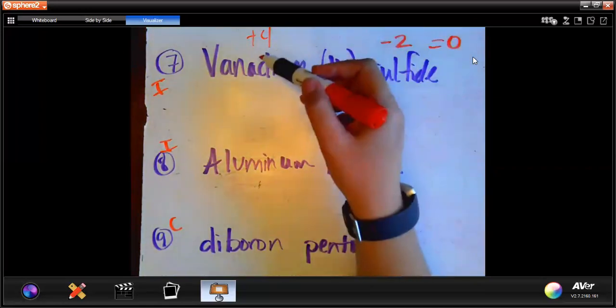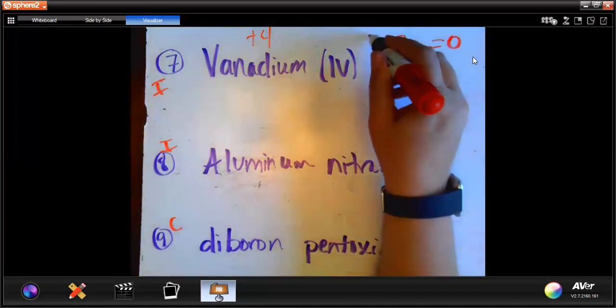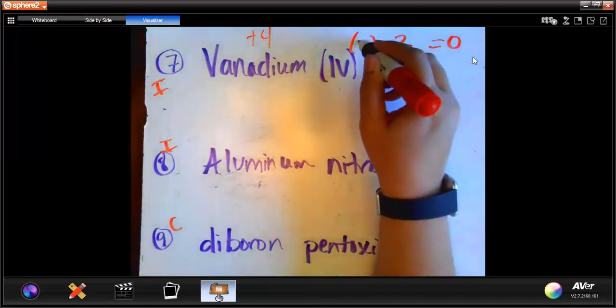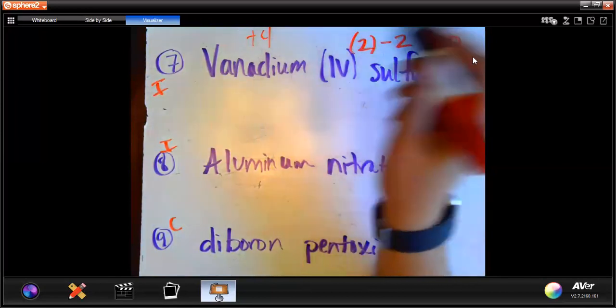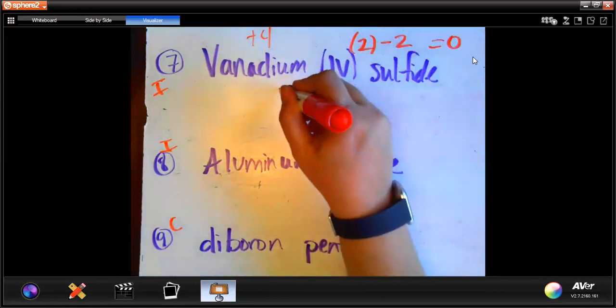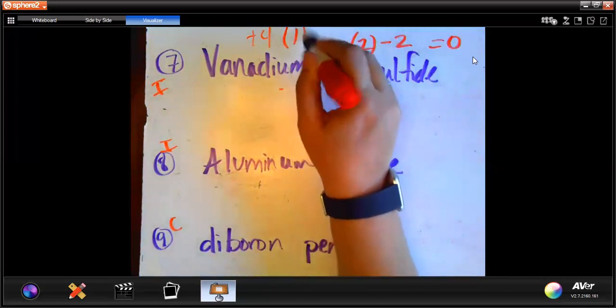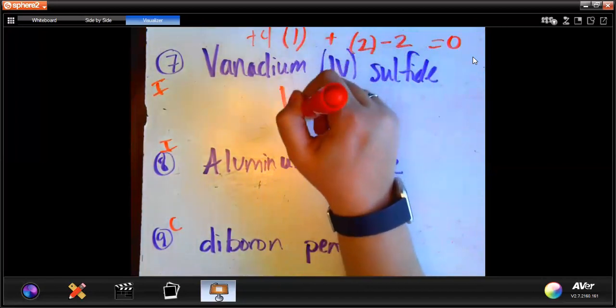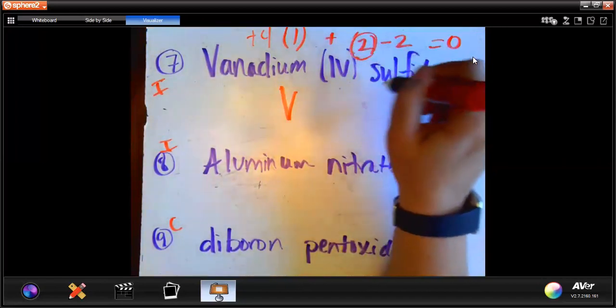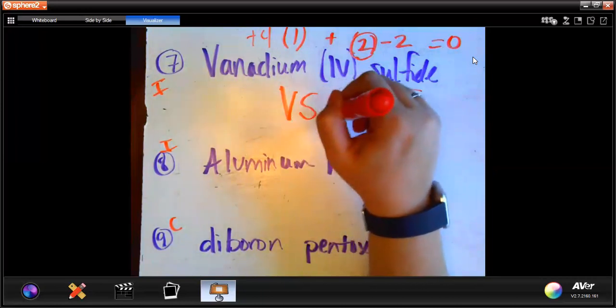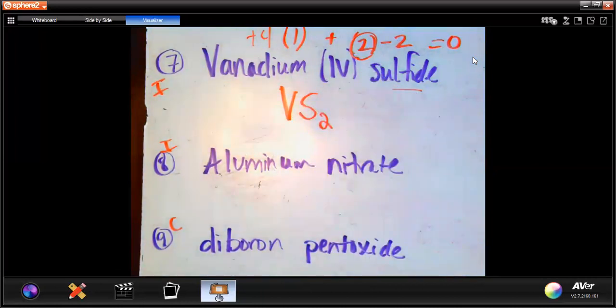So a +4 and -2 becomes 0 if I multiply the -2 by 2, right? So that means I get 1 vanadium, right? And then 2 sulfides. So that's VS2.